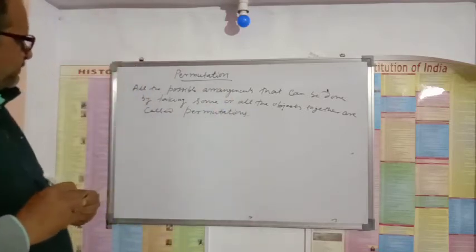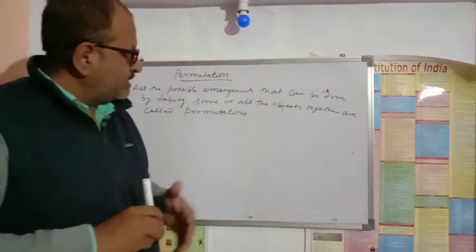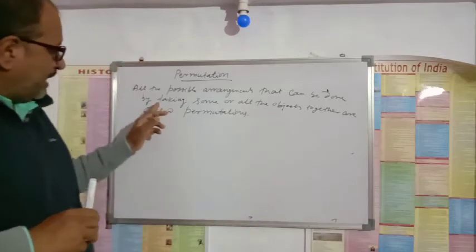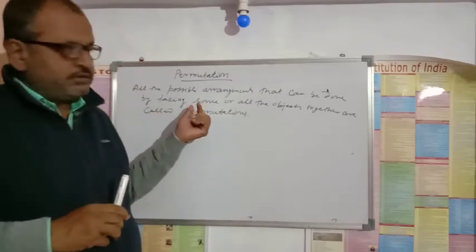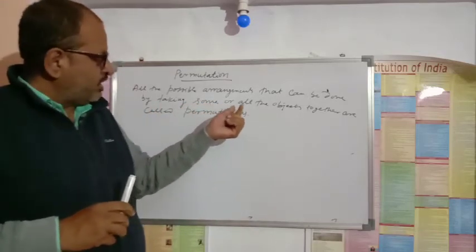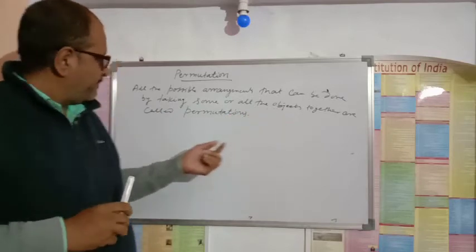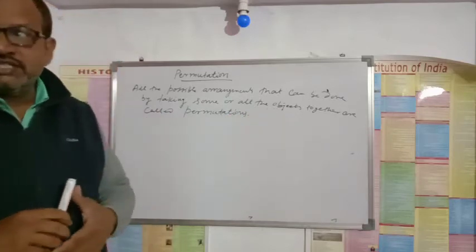See the definition. All the possible arrangements that can be done by taking some, means few objects, or all the objects together are called permutations.